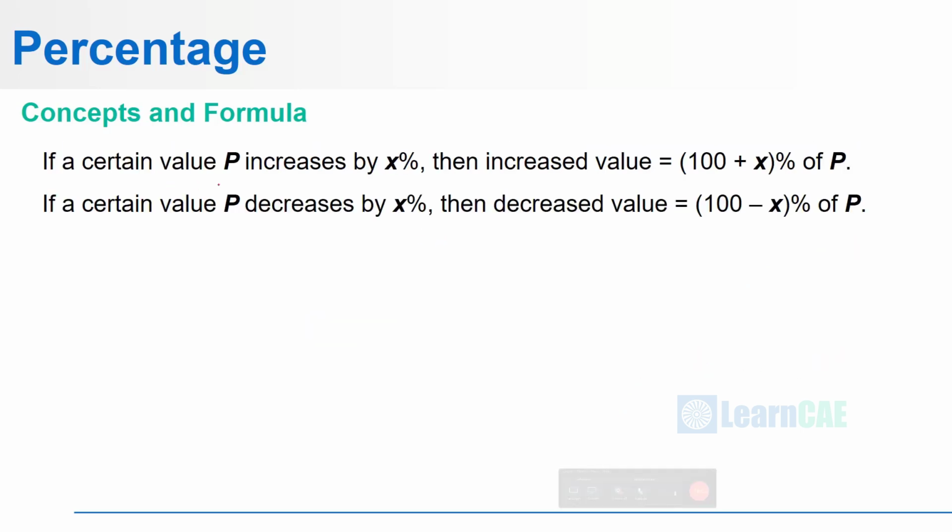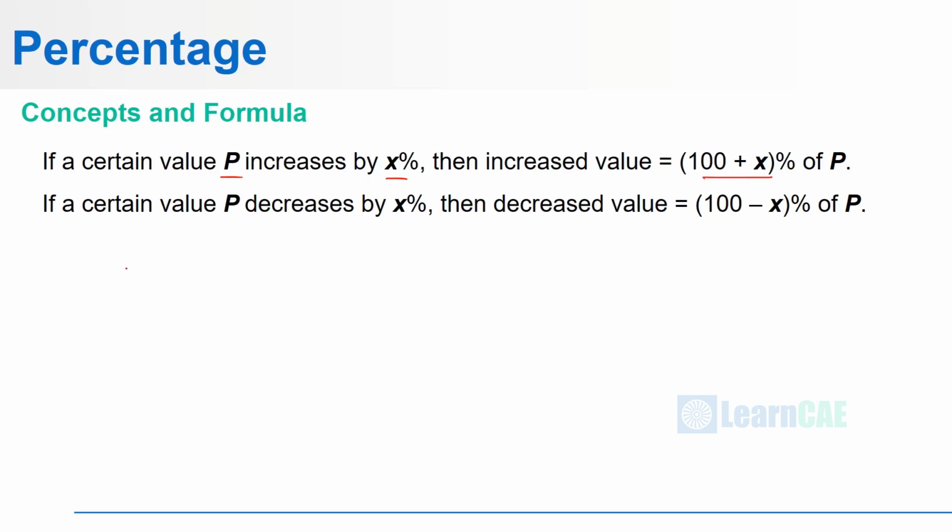Next, if a certain value p increases by x percentage, then the increased value is 100 plus x percentage of p. Similarly, if a certain value decreases by x percentage, then the decreased value is equal to 100 minus x percentage of that value, that is p here.